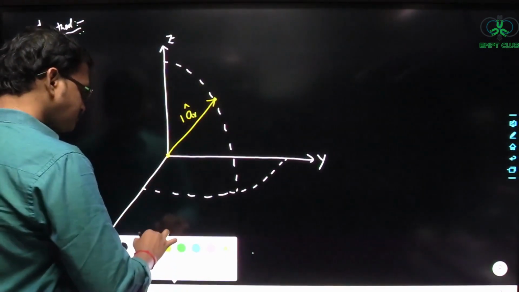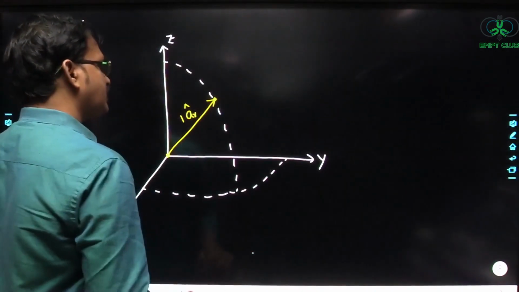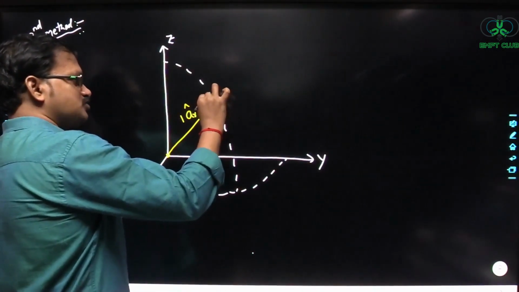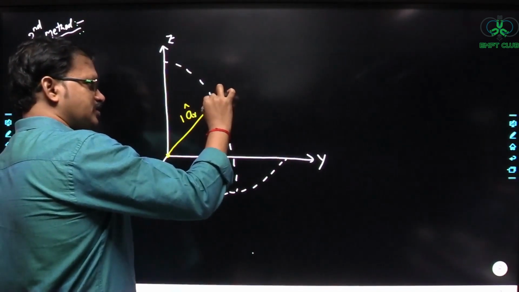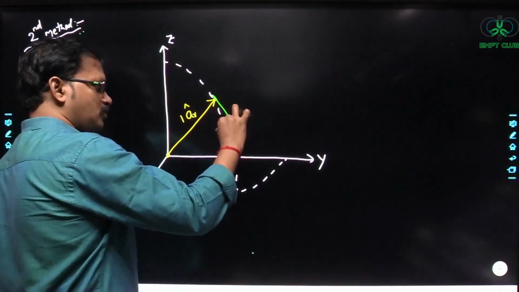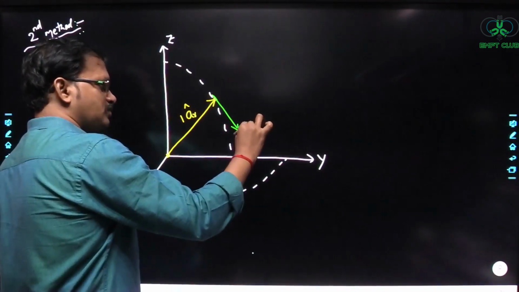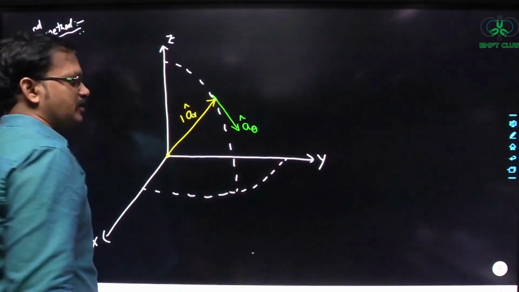Next, a theta cap. A theta cap is nothing but the tangent drawn to this vertical circle at this point. If you draw the tangent from top to bottom, it points in this direction. So this is a theta cap.